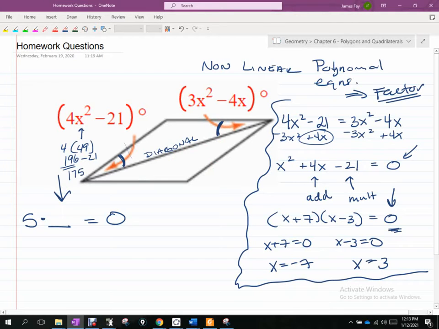Any concerns about that? Yeah, because the thing is 3, so then it would be 9 times 3 is 27, minus 4, or something, they don't equal 175. I would agree that 175 is an issue, but not for that reason.